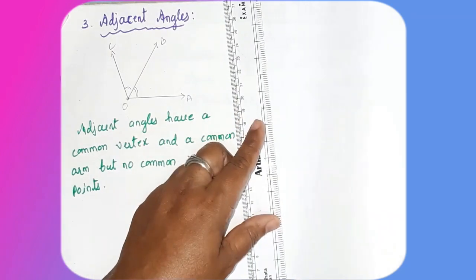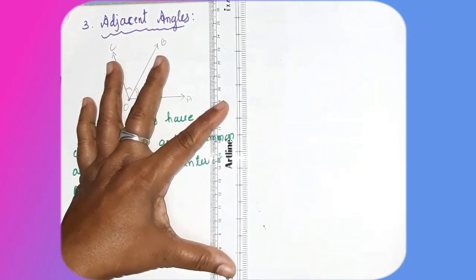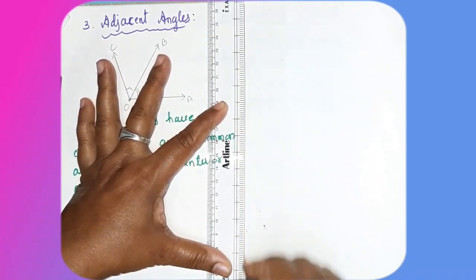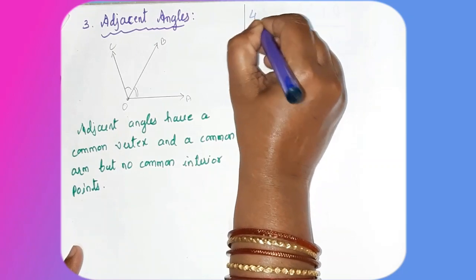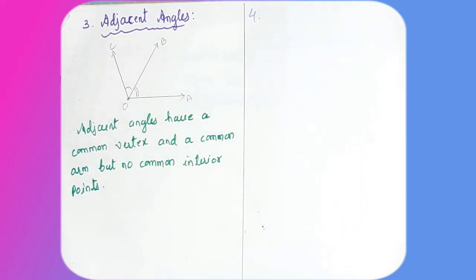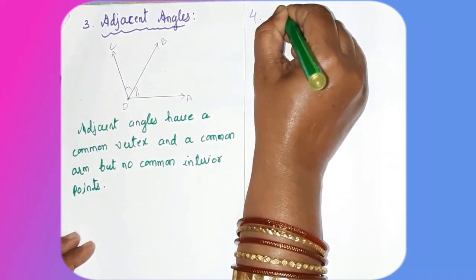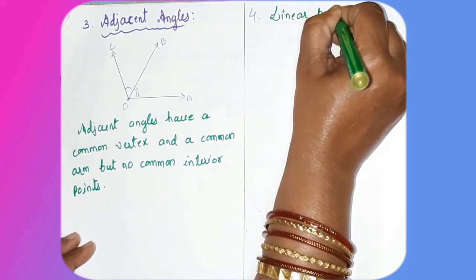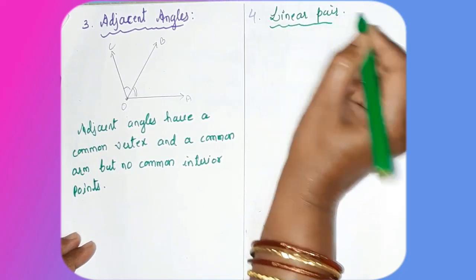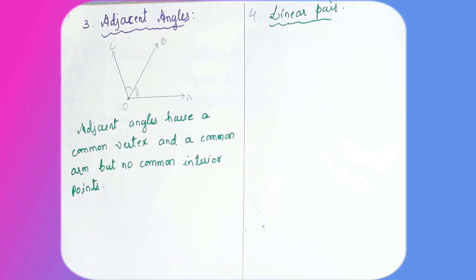So we'll see now what a linear pair is. The fourth kind of angles is linear pair. First, what have we learnt? The first one we have learnt is complementary angles.